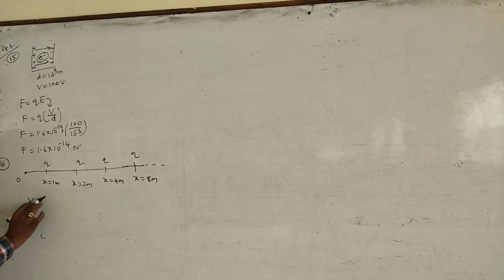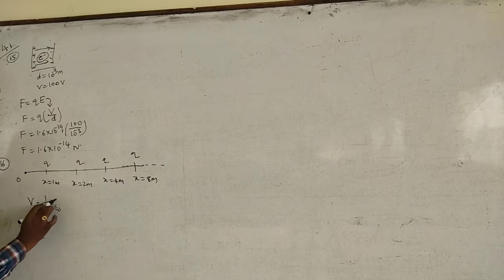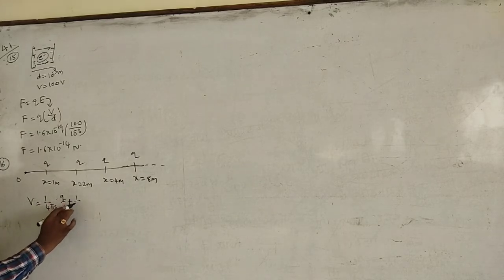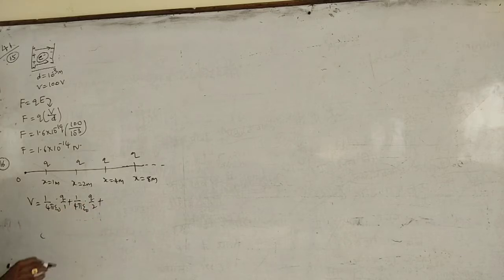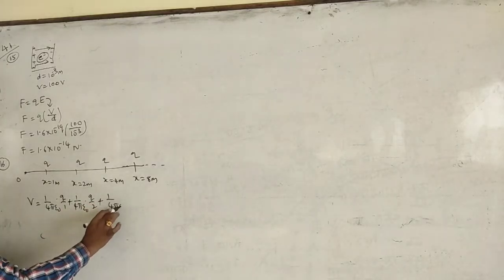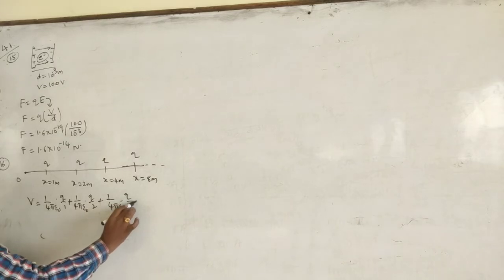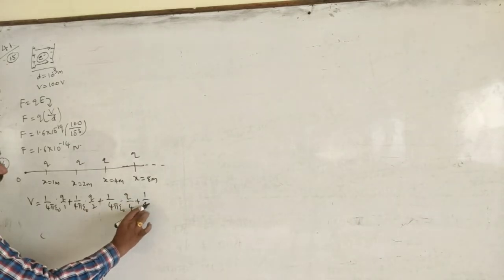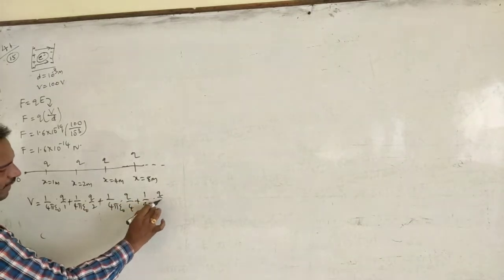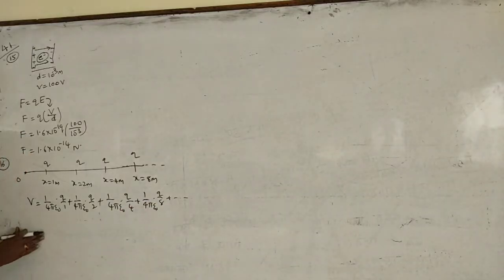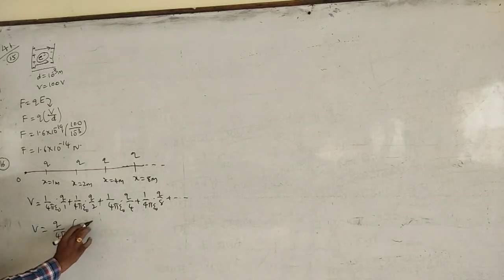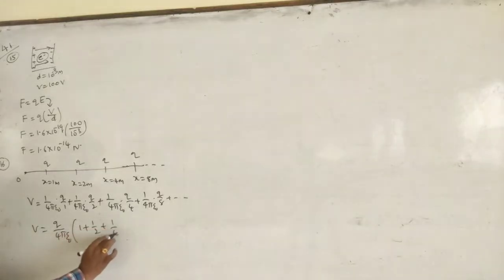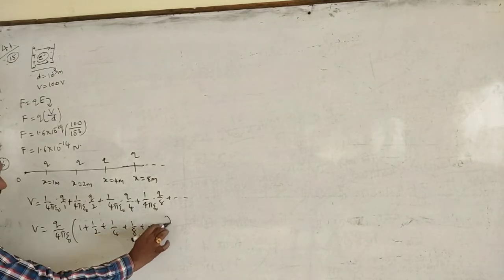So V is equal to 1 by 4 pi epsilon naught q by 1, plus 1 by 4 pi epsilon naught q by 2, plus 1 by 4 pi epsilon naught q by 4, plus 1 by 4 pi epsilon naught q by 8, and so on. So V is equal to q by 4 pi epsilon naught, taking it common, into (1 plus 1 by 2 plus 1 by 4 plus 1 by 8 plus and so on).